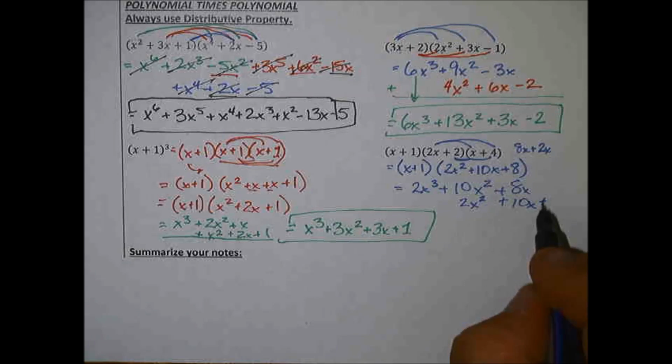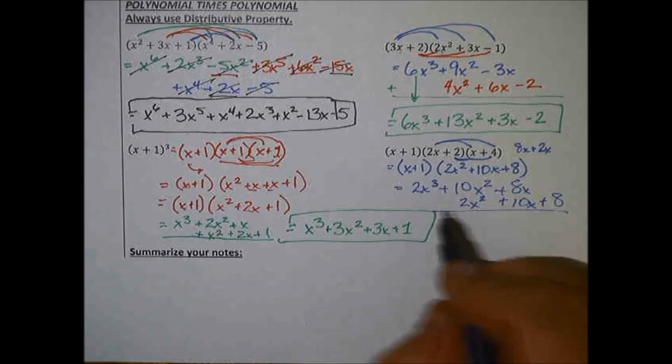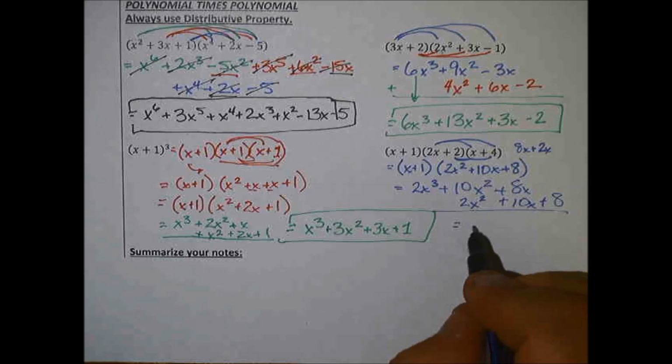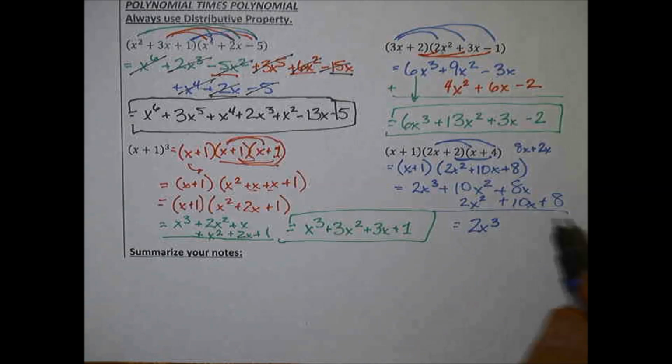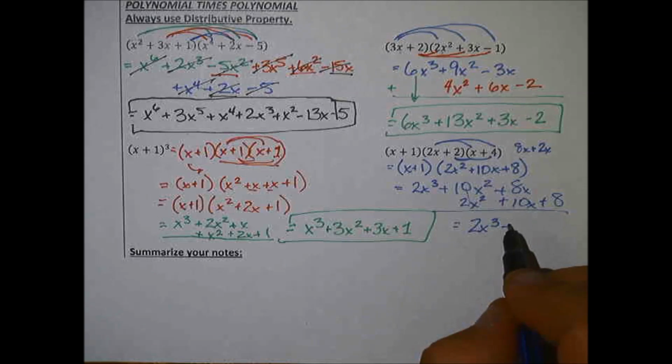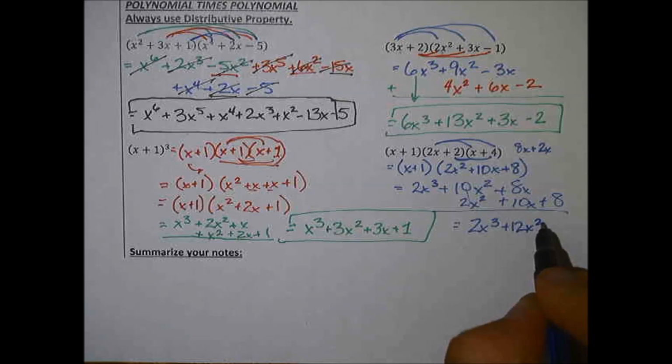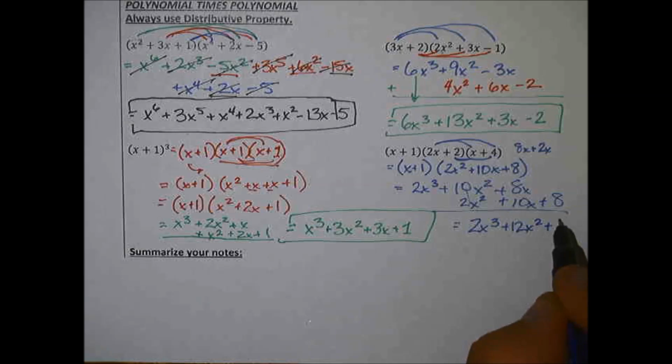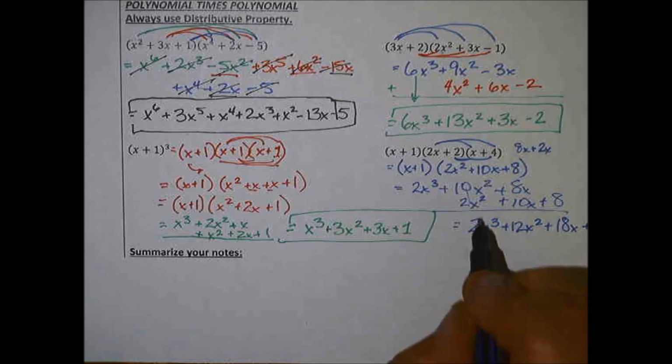And 1 times 8, plus 8. Add them up. We get 2x cubed. That right there is going to give me a 12x squared. That right there is going to give me an 18x. And that's just going to give me a plus 8.